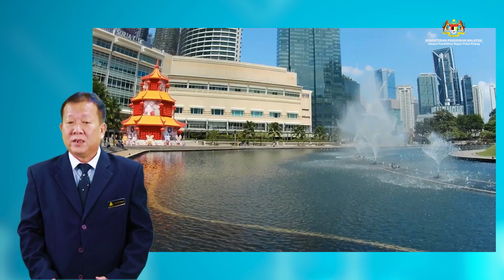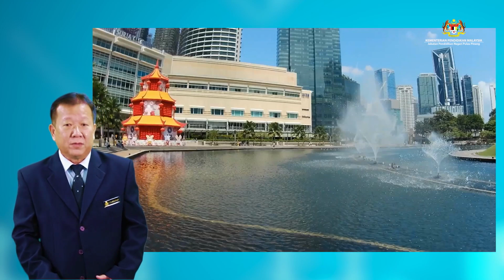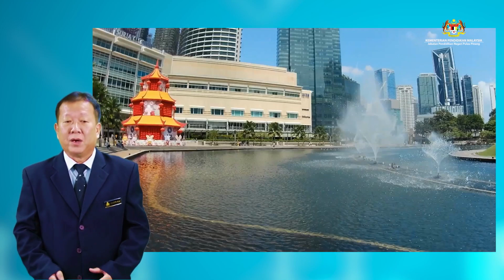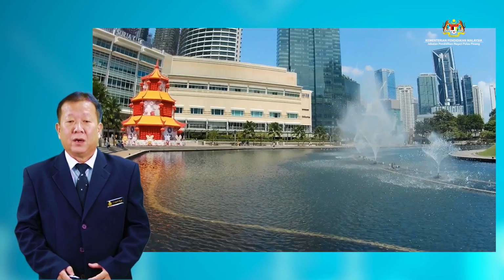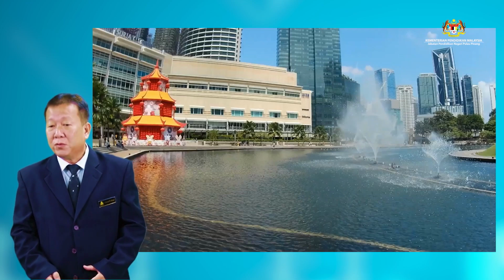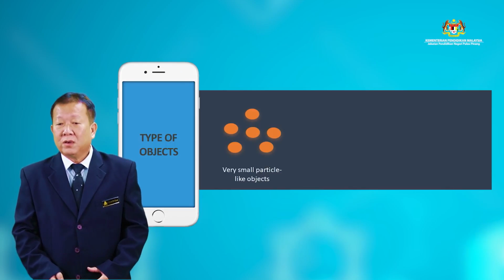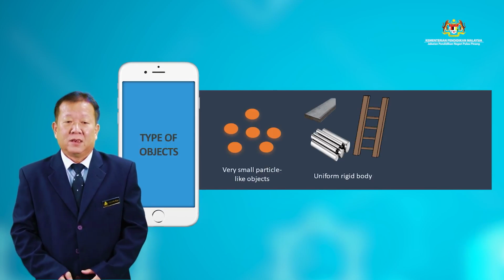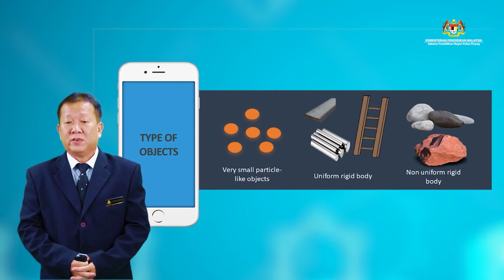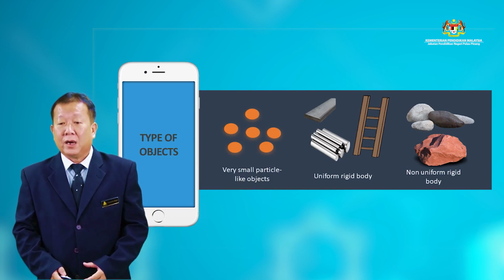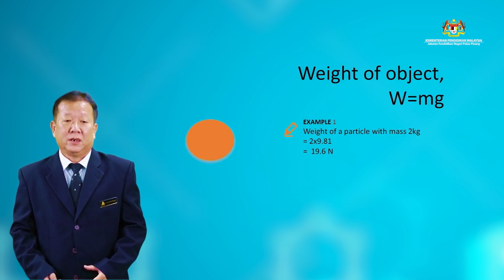Look at the objects around us. Some of them are small, while some are big. Some of them are not moving, while some are moving. Some objects are very small or particle-like objects. Some objects are uniform rigid bodies and some are non-uniform rigid bodies.